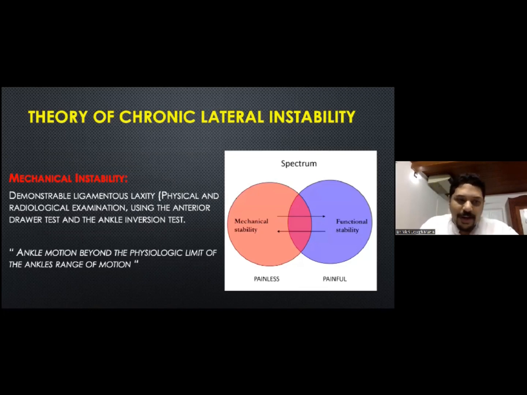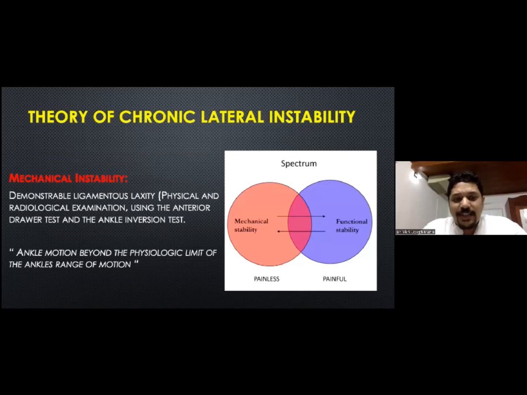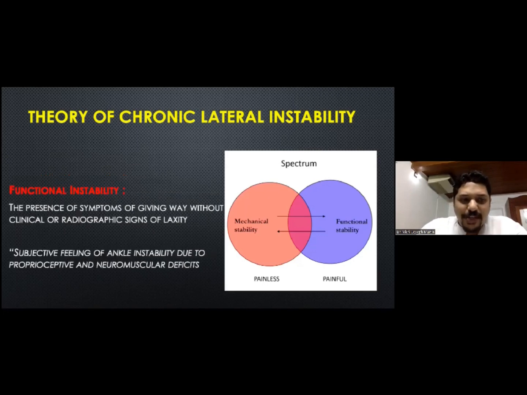Mechanical instability is defined as demonstrable ligamentous laxity, on both physical and radiological examination, using the anterior drawer test or the talar tilt test. He described this as any ankle motion beyond the physiological limit of the range of motion. Functional instability is the presence of symptoms of giving way without clinical or radiological signs of laxity. This is more of a subjective feeling of ankle instability due to proprioceptive or neuromuscular deficit.